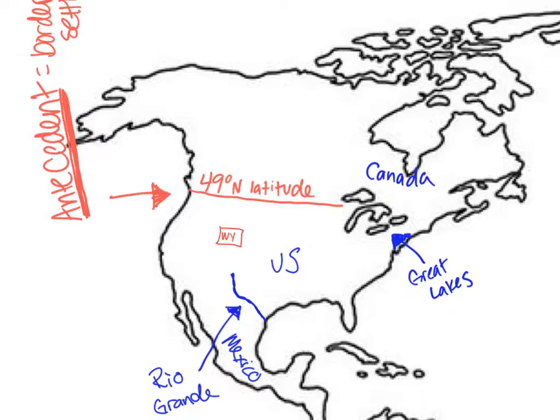So the border on the west is 112 degrees west, and the eastern border is 105 degrees west, because those are longitude lines. So that's another example. Let's write longitude, so that way we know that this is a longitudinal line instead of a latitude line, okay?